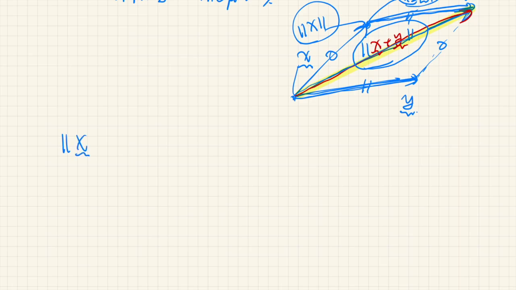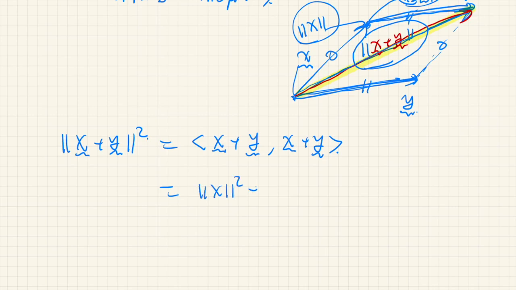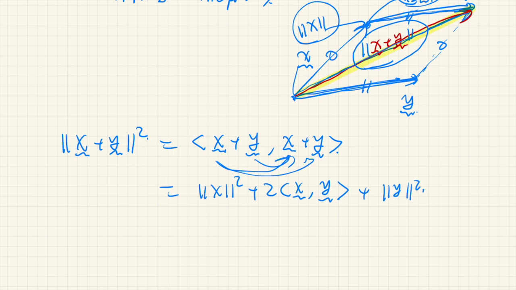So first consider the norm of x plus y, squared. Of course this is equal to the scalar product of x plus y with itself. If we expand this, we have the norm of x squared plus 2 times the scalar product of x and y plus the norm of y squared, using the commutative law of the scalar product.